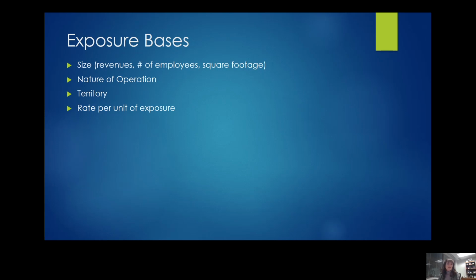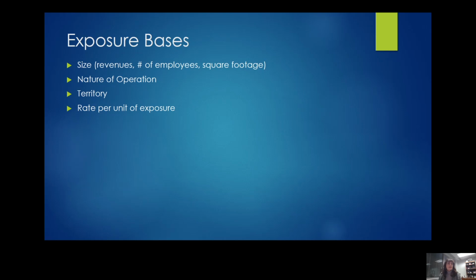It's also going to look at your territory. So obviously you could potentially pay more depending on where you're located. Some areas of the United States, maybe if you're in a high-risk hurricane or wildfire area, you're going to have to pay more. And then they also try to allocate a rate per unit of exposure. We've done this in previous chapters where we've done calculations. So let's say I have property insurance again, and I'm going to pay so much rate.